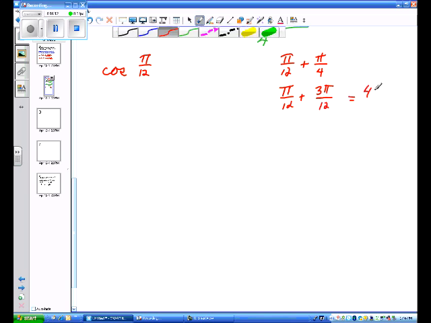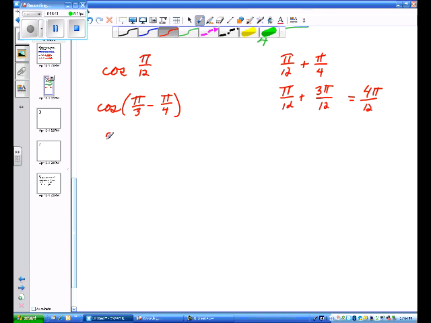Multiplying both the numerator and denominator by 3 gives us 4 pi over 12, and that reduces to pi over 3. And we know pi over 3. So this is the same as the 4/12 minus the 3/12. Well, 4/12 is pi over 3 minus 3/12, which is pi over 4, would be the pi over 12.